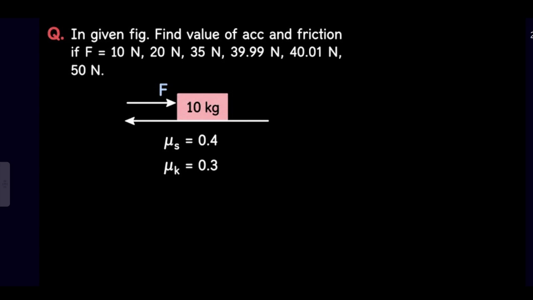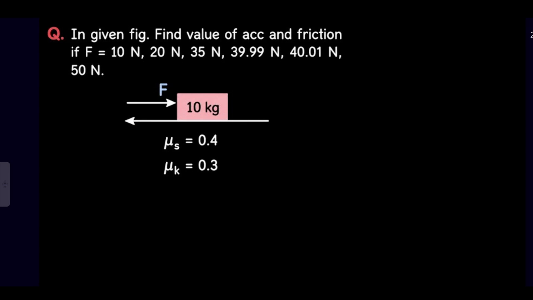Mu s is 0.4, mu k is 0.3. Mu s means coefficient of static friction. Mu k means coefficient of kinetic friction. Okay, listen carefully. Whenever mu s and mu k are given separately, you have to be very careful.